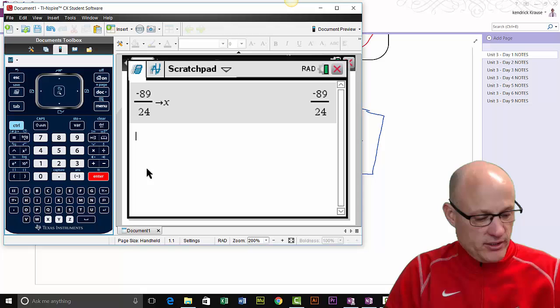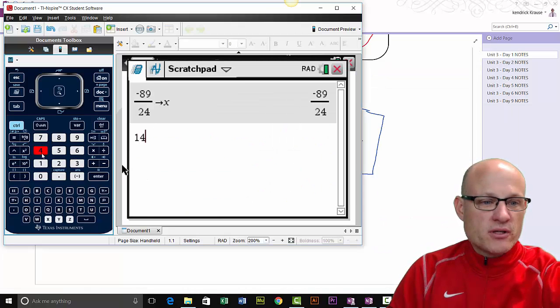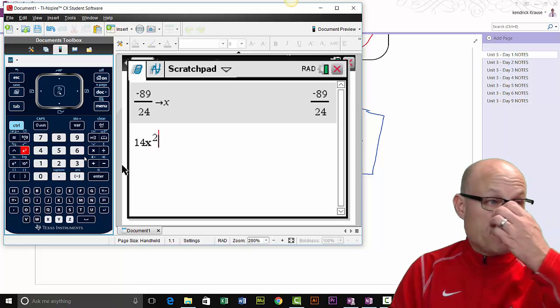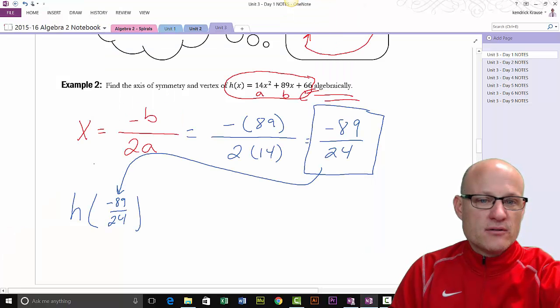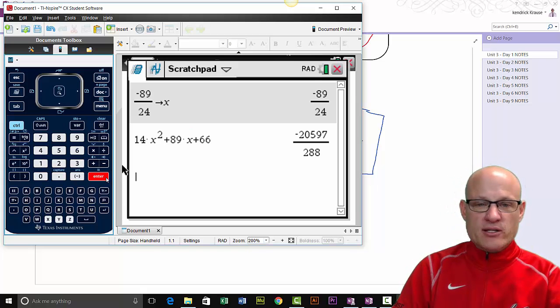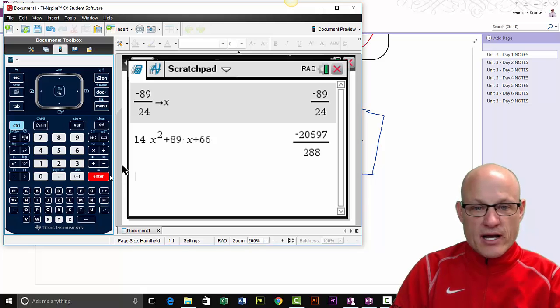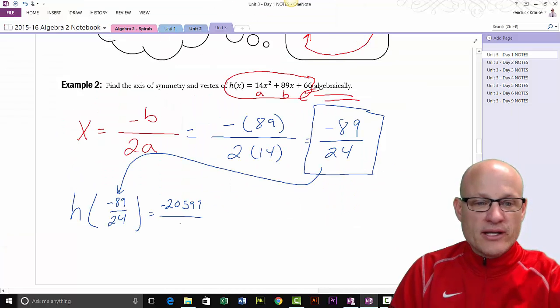And then my function is 14x squared plus 89x plus 66. Now, if you don't have this calculator, the 84 stores as well, so you can do this too. Well, that really is an obnoxious parabola. And we're going to get some really dumb number, negative 20,597 over 288.